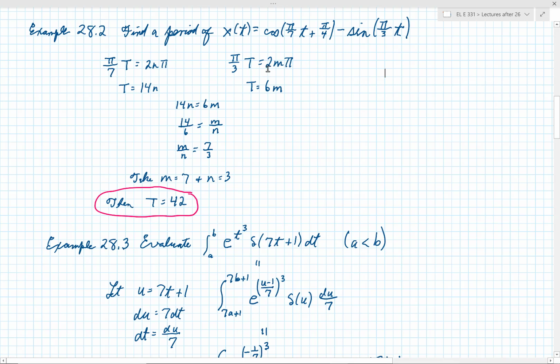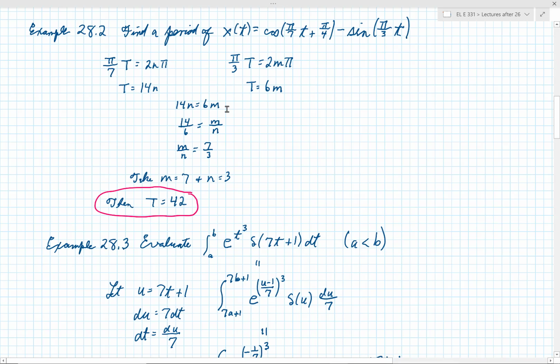So we have these two equations, and T must satisfy both of them. We can solve both for T, and we get T equals 14n here, and T equals 6m here.